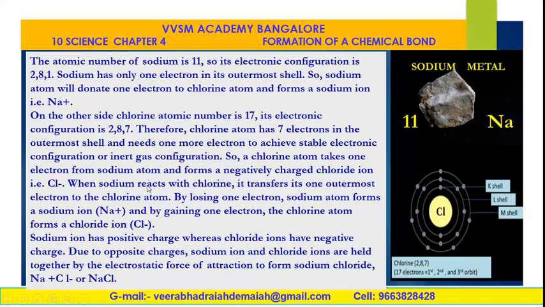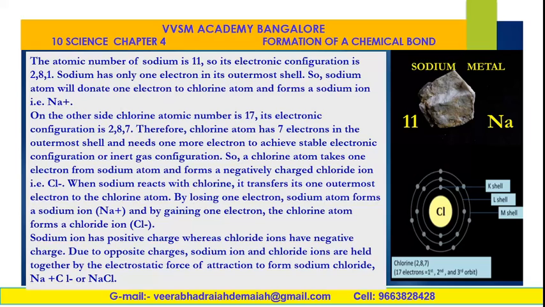Therefore, when sodium reacts with chlorine, it transfers its one outermost electron to the chlorine atom. By losing one electron, the sodium atom forms a sodium ion, and by gaining one electron, the chlorine atom forms a chloride ion. Hence, the sodium ion has a positive charge, whereas the chloride ion has a negative charge.